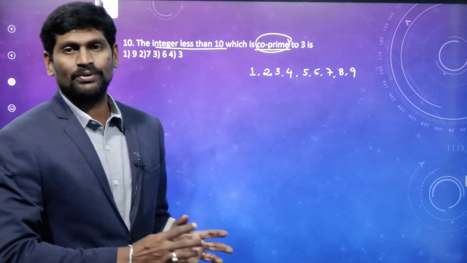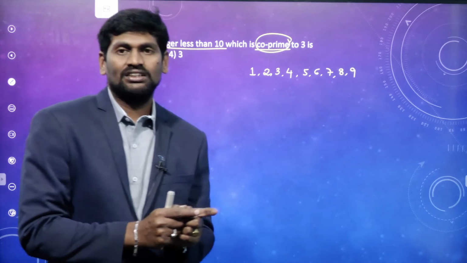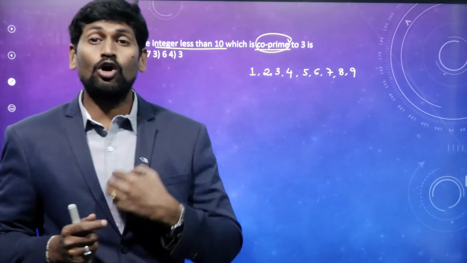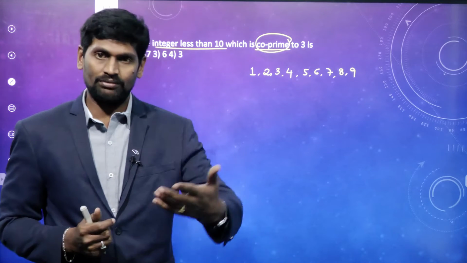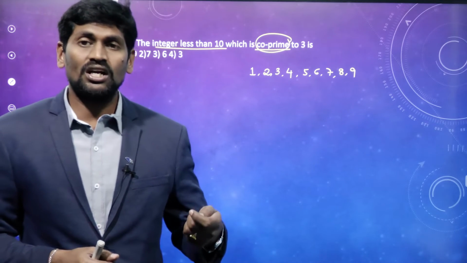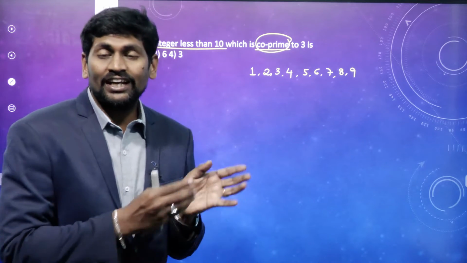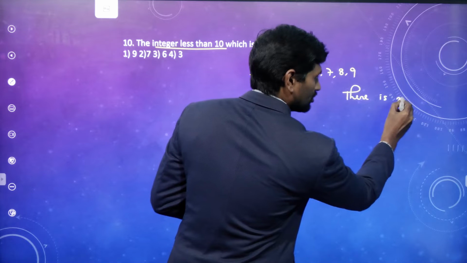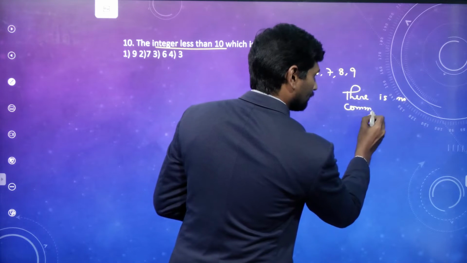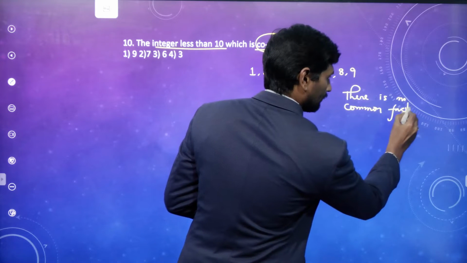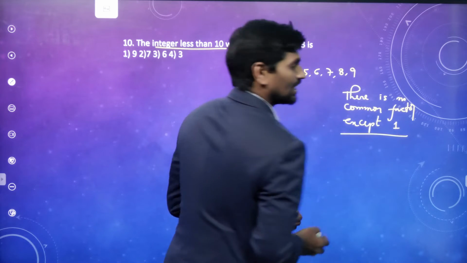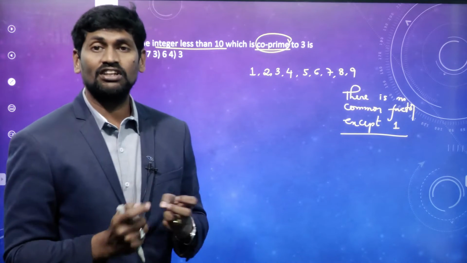That means only 1 is the common factor, no other common factors except 1. Such numbers are called co-primes or relatively prime numbers. Am I right?